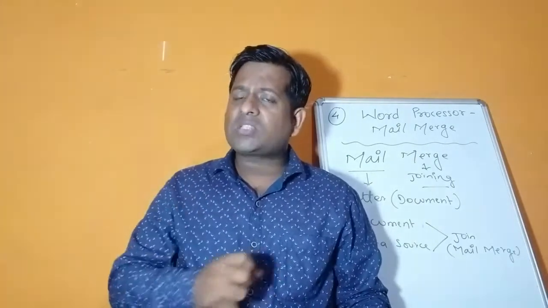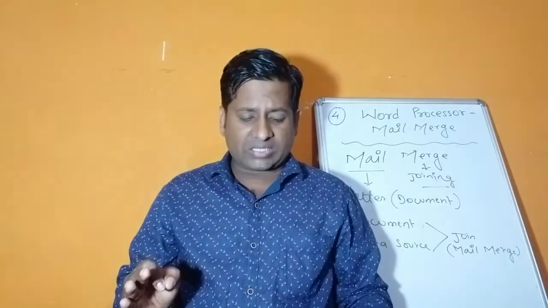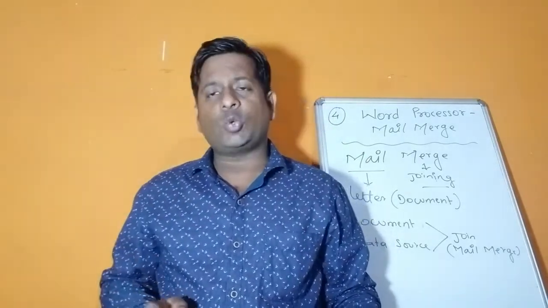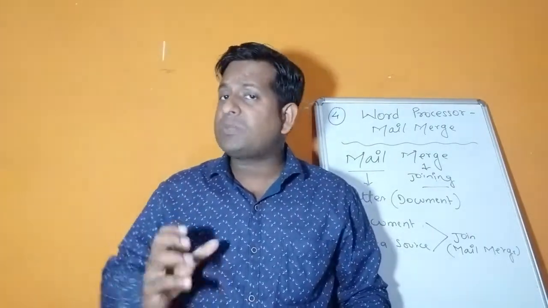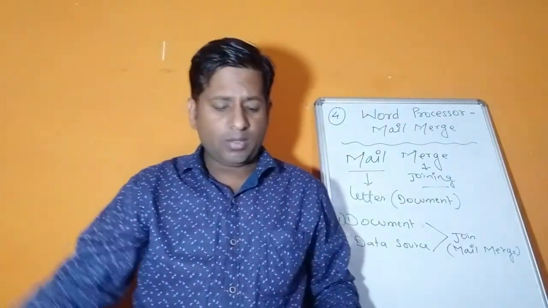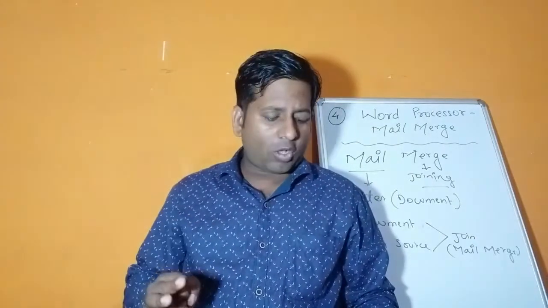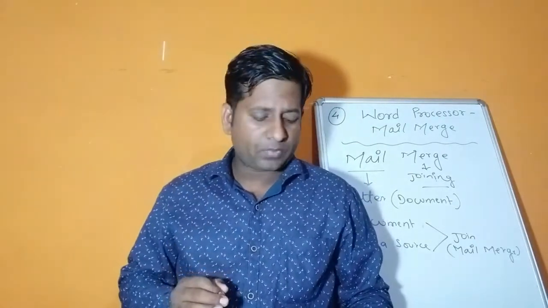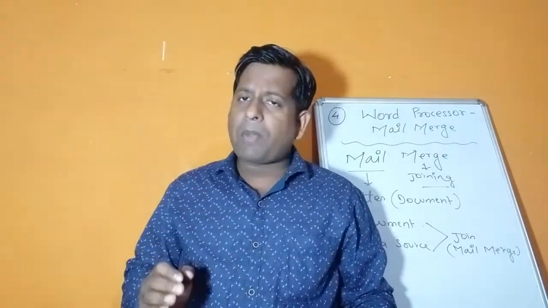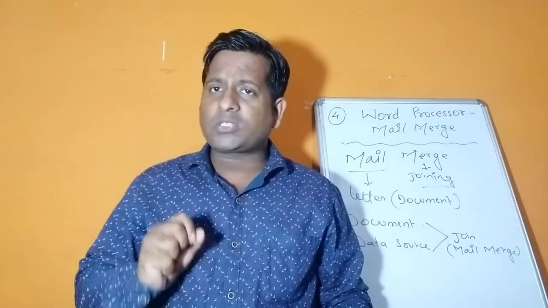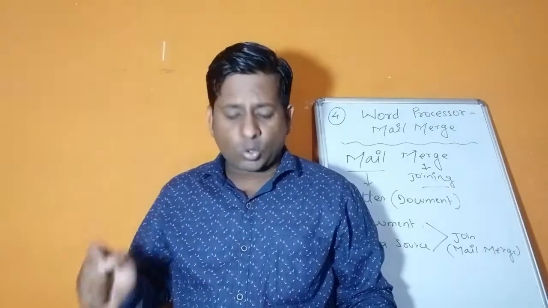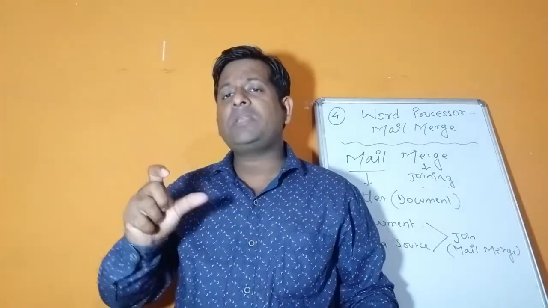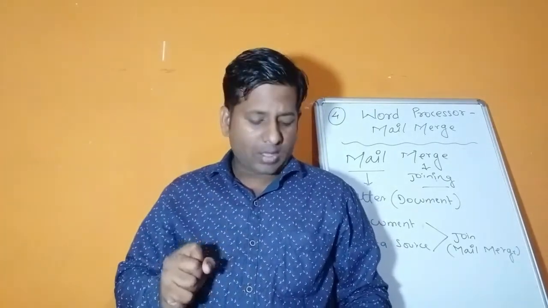Then what exactly is data source? The file where all the addresses of the recipients, that means to whom you are going to send, are stored is called the data source. The process of combining the main document with the data source is merging, means joining, combining.